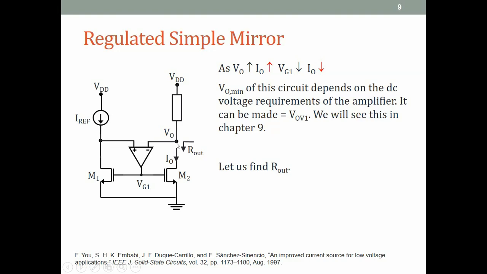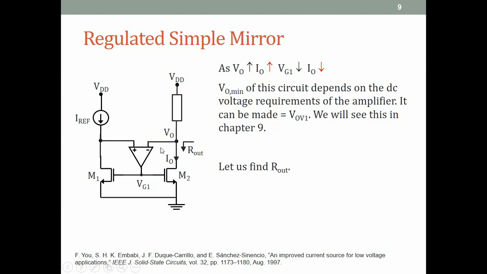There are actually two things that determine the VO min here. One is M2, the other is what is happening inside this op-amp. And this we will keep pending until chapter 9, when we'll discuss the design or the internal structures of op-amps.